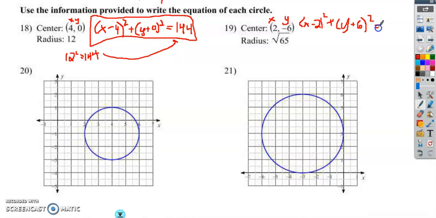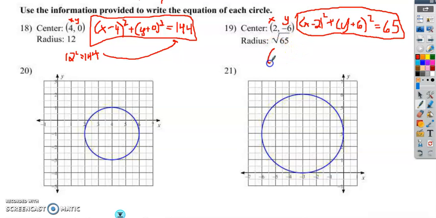And then in this case, the square root of 65 squared is actually just going to be 65. So there is my equation of the circle based on the information that they gave me.